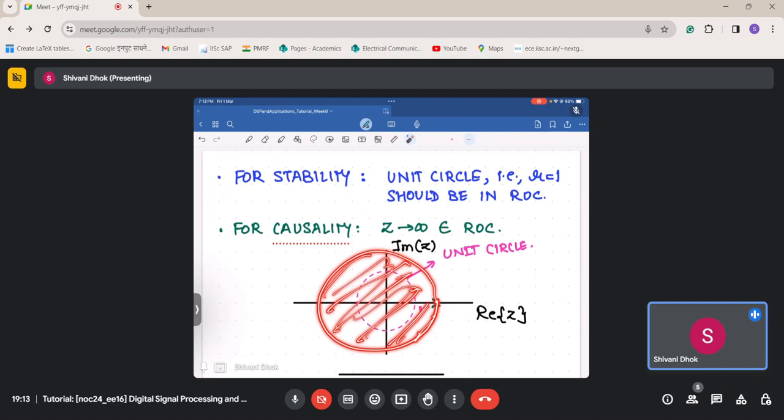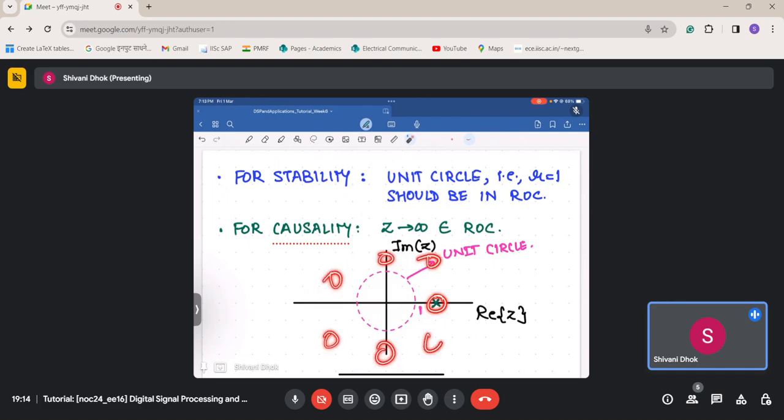Okay, now if I have a pole outside the unit circle, maybe here, anywhere, a pole which has magnitude greater than 1, then for that particular system I cannot find a time domain representation which is causal and stable simultaneously.